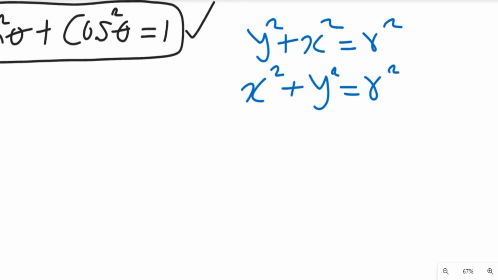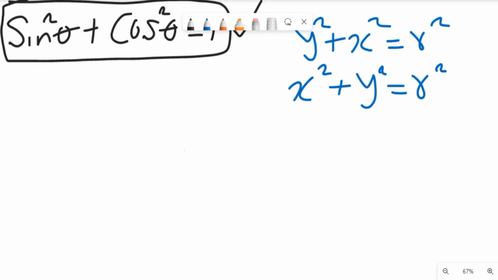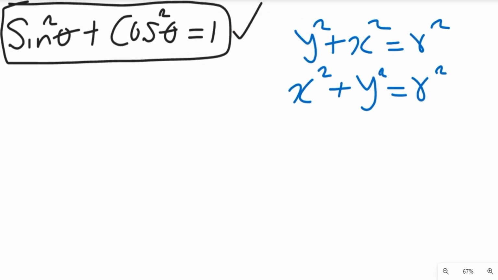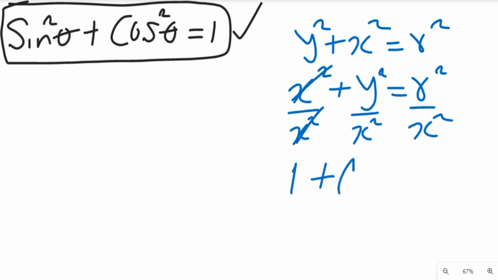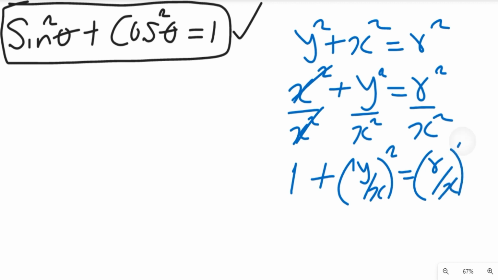If we divide through by x square, we are going to have this part divided by x square, this part divided by x square, and this part divided by x square. So this will clear to give us 1 plus y divided by x all square equal to r divided by x all square.